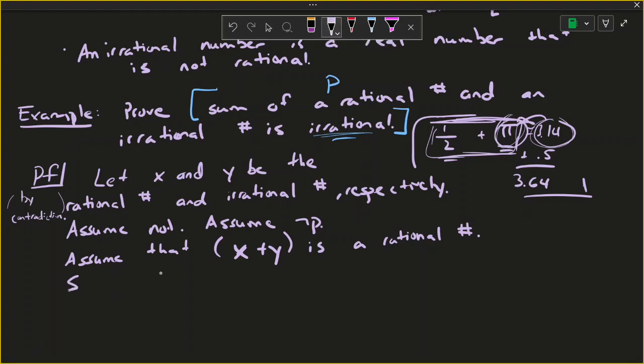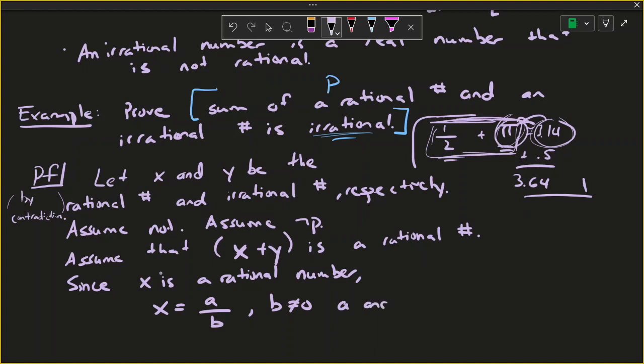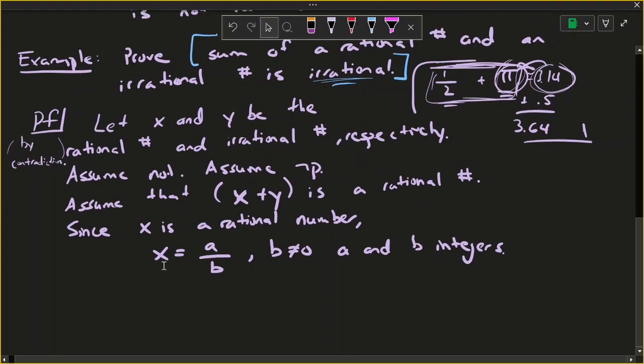Since x is rational, x can be written as a over b, b not equal 0, a and b are integers, by the definition of a rational number.